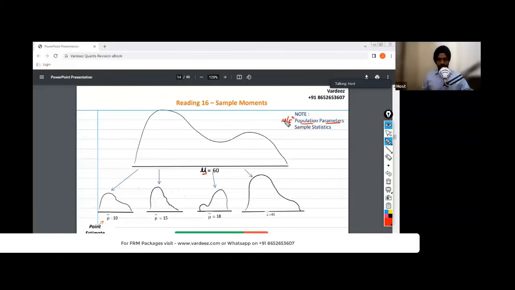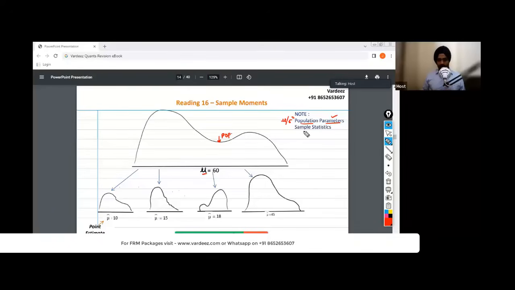So the mu and variance of this distribution of the population are known as the population parameters. So you have to remember, if I ask what a parameter is, I'm talking about the population data, specifically the mean and the variance.